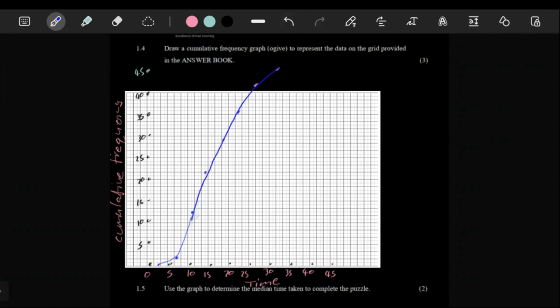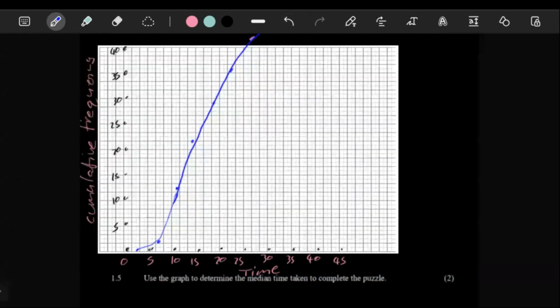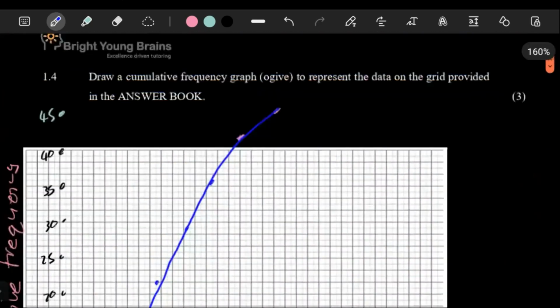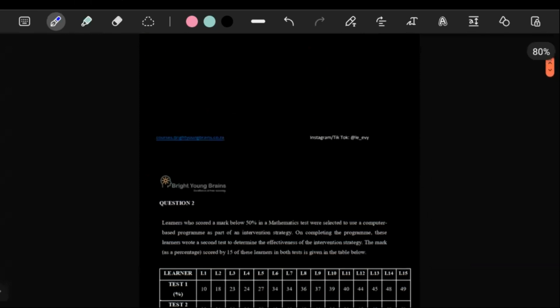There you go. Perfecto. And there's your ogive.